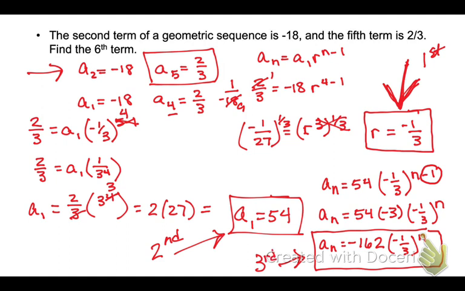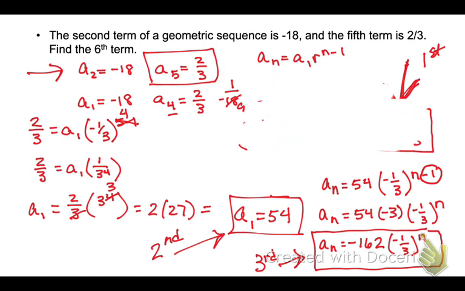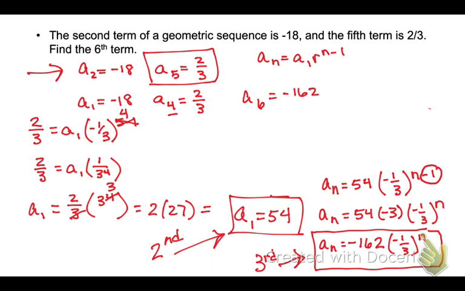We still have the sixth term, so all we have to do is plug in 6. Okay, I'm going to do this really slow, so just watch. A sub 6 equals negative 162 times negative 1/3 to the 6th.